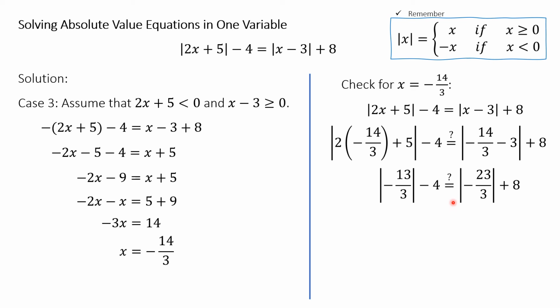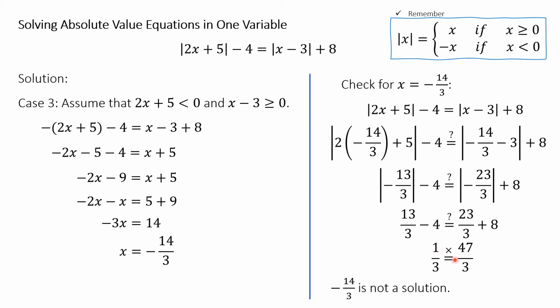Is this equal to the absolute value of negative 23 over 3 plus 8? Simplifying further, we'll have 13 over 3 minus 4. Is this equal to 23 over 3 plus 8? This will give us 1/3 equals 47 over 3, which is a false statement. Therefore, negative 14 over 3 is not a solution.